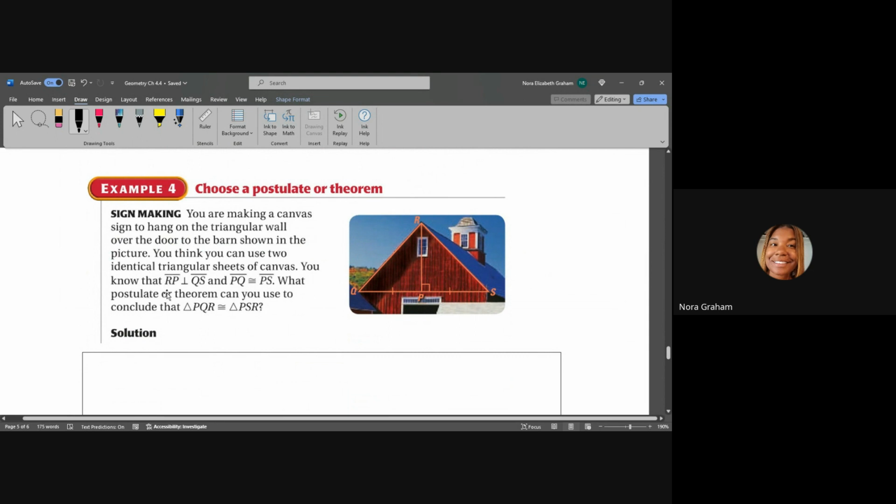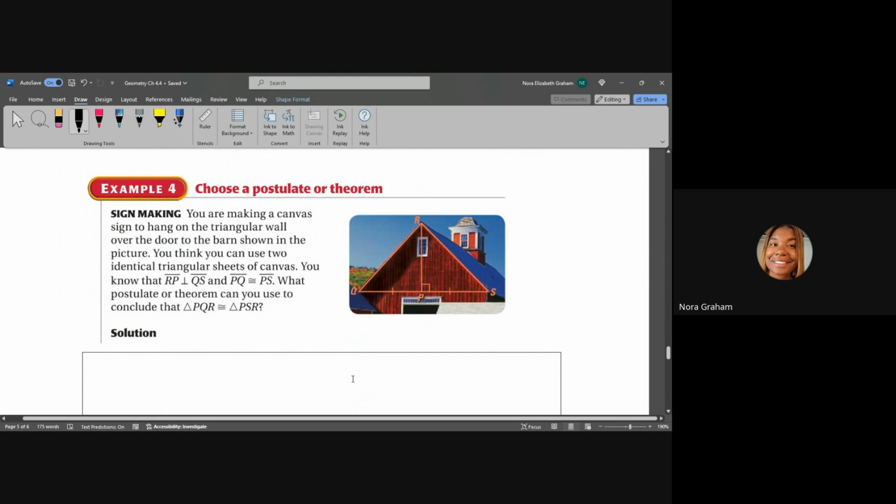You know that RP is perpendicular to QS, which means they create 90-degree angles, and then PQ and PS are congruent. What postulate or theorem can you use to conclude that triangle PQR is congruent to triangle PSR?